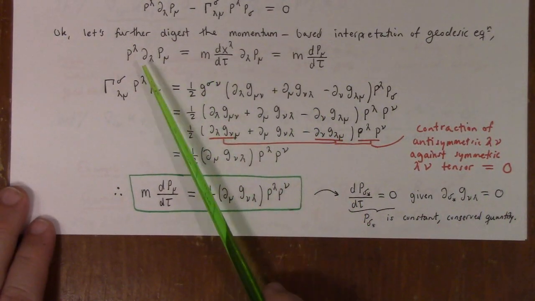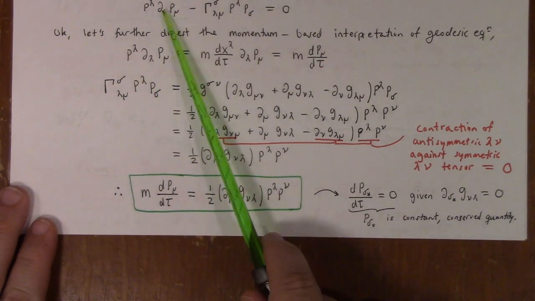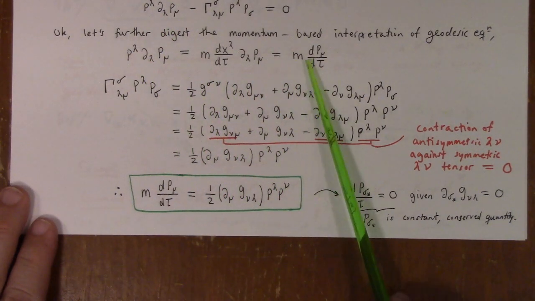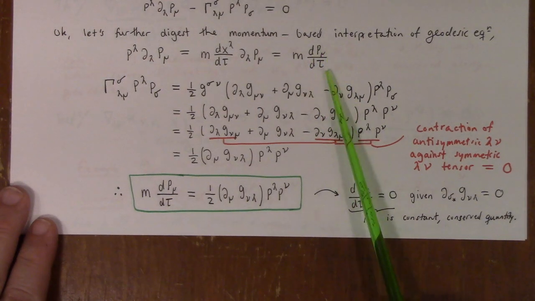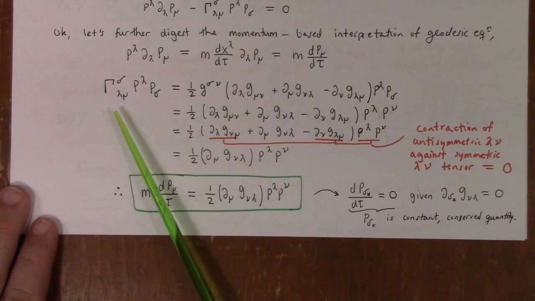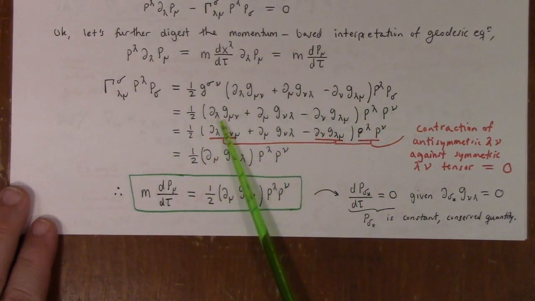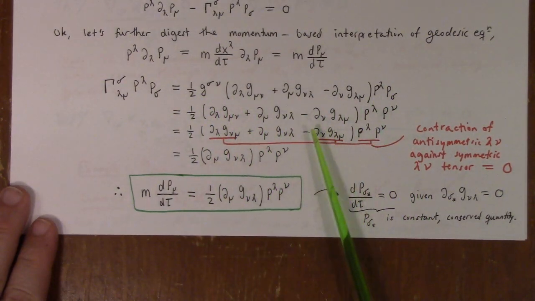Of course we have the derivative term, which is just the proper time derivative of the 4-momentum. Then the term with the Christoffel symbol, if you expand it out, notice that because of the contraction, these two terms cancel and leave you the middle one.